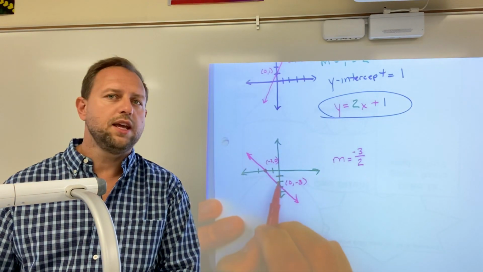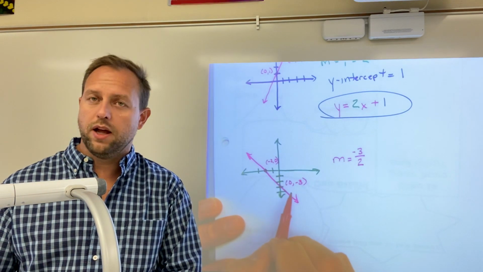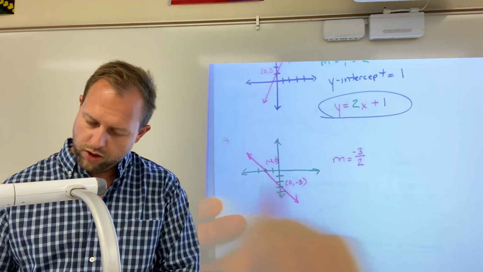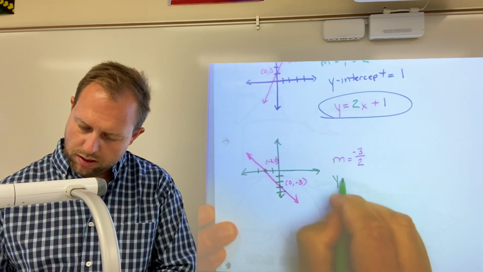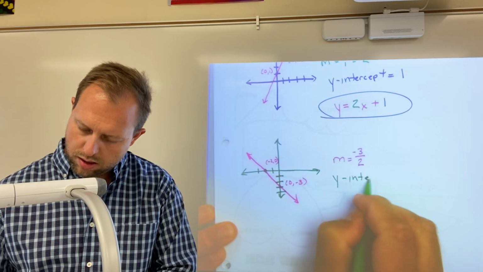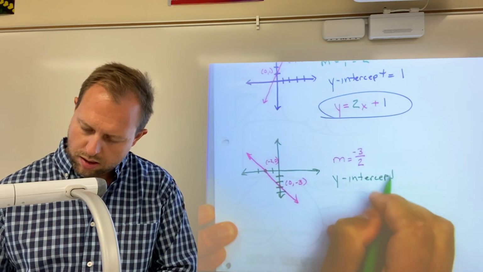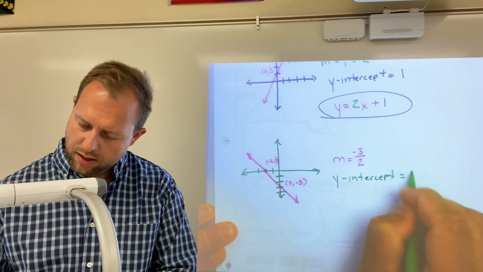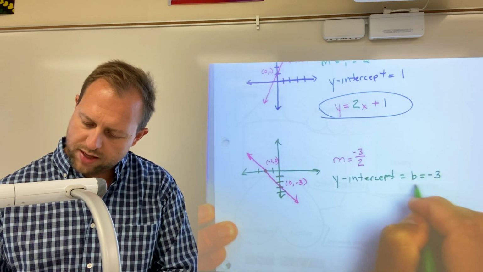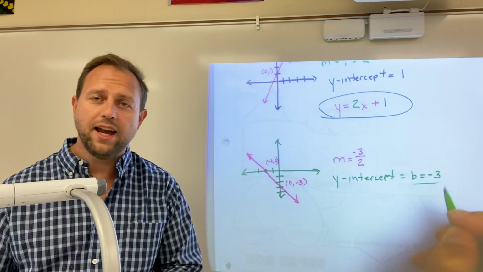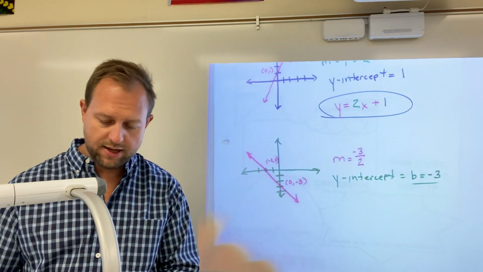Again, you can use the slope formula to determine that if you don't want to read it from the graph. Our y-intercept, also known as B, is -3, where it crosses the y axis, not the x.